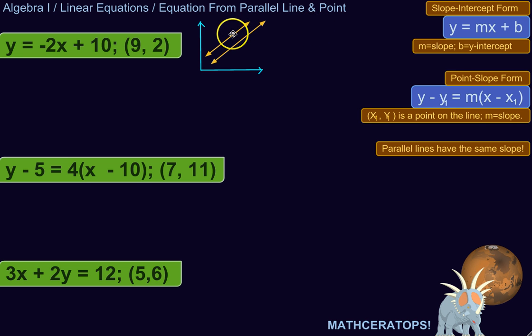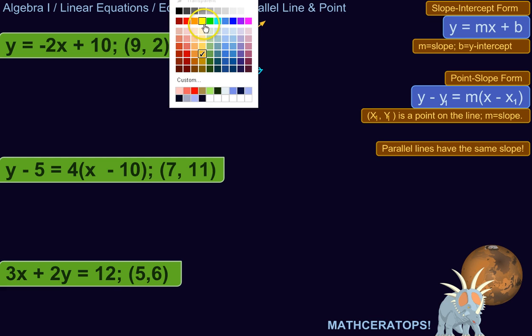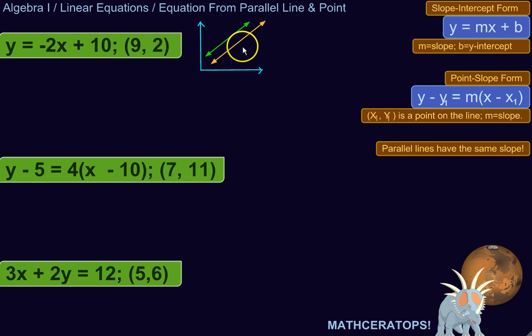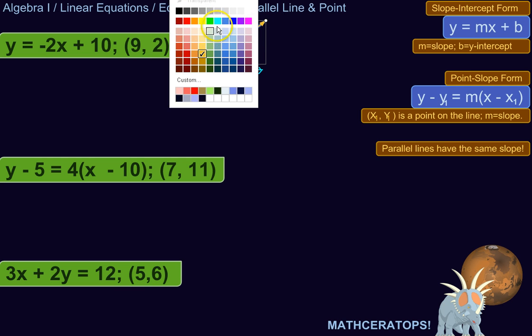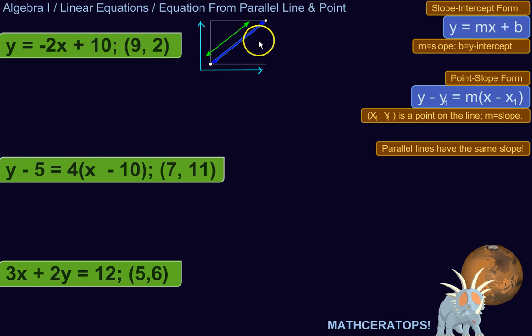So they have the same slope, but they contain different points. That's the basic idea here. I'll give you an equation for one line, and then from that, you would write the equation of another line that includes the point given.